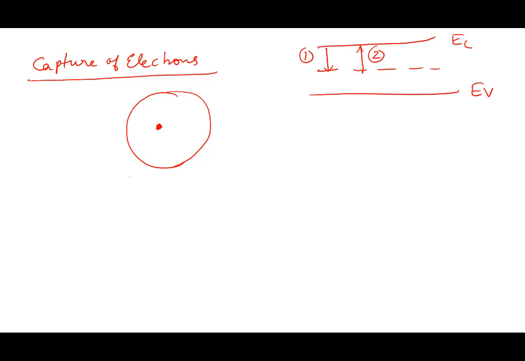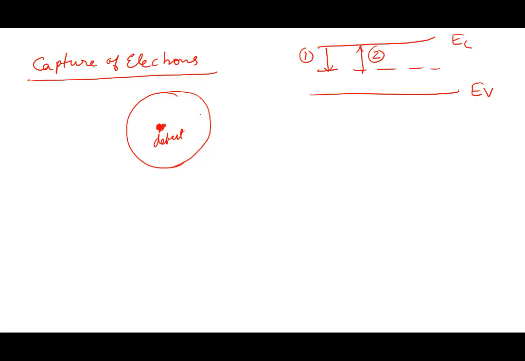Does that make sense? If the electron is very far from my defect, whatever this defect is, the defect doesn't have much influence over it. What we are saying is there's a radius of influence of a defect. If the electron gets into that circle, it will get captured.